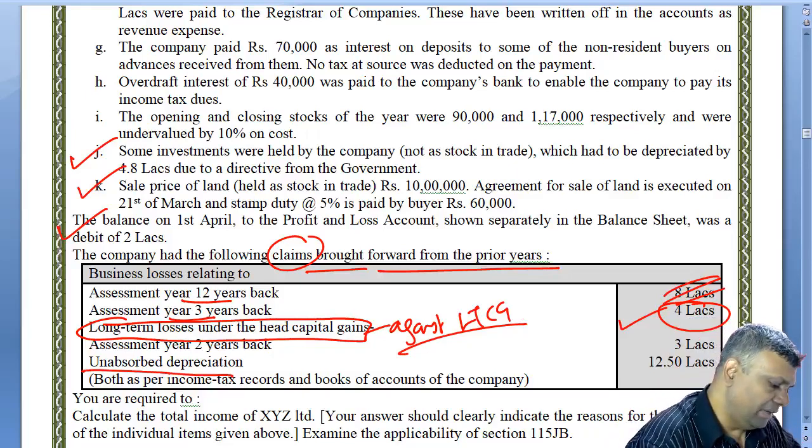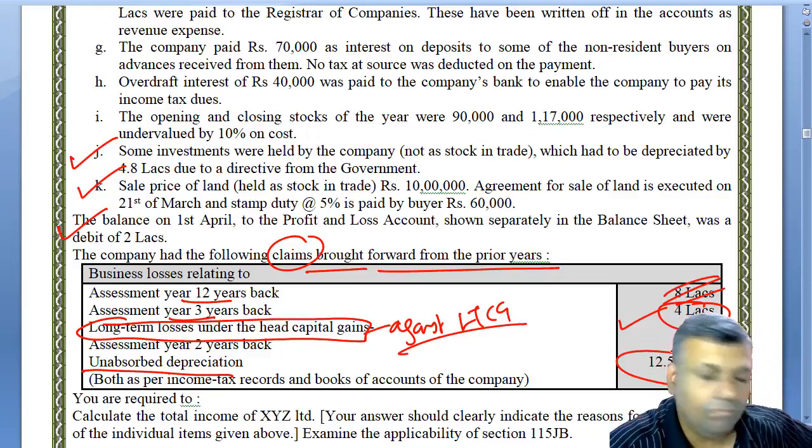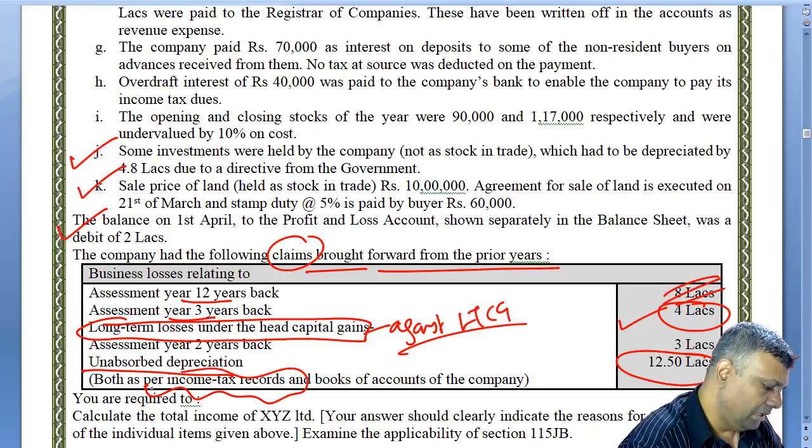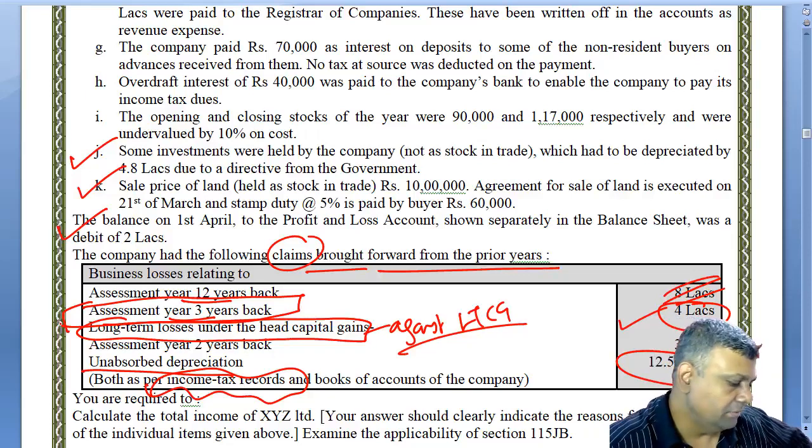And for unabsorbed depreciation, any number of years is allowed, and that is already as per the income tax records. This is for assessment years 3 years back. All these figures we are accepting are for tax law purposes.